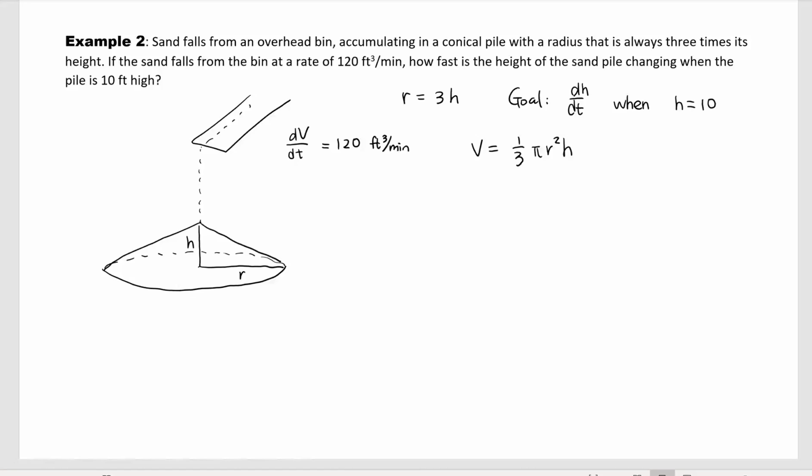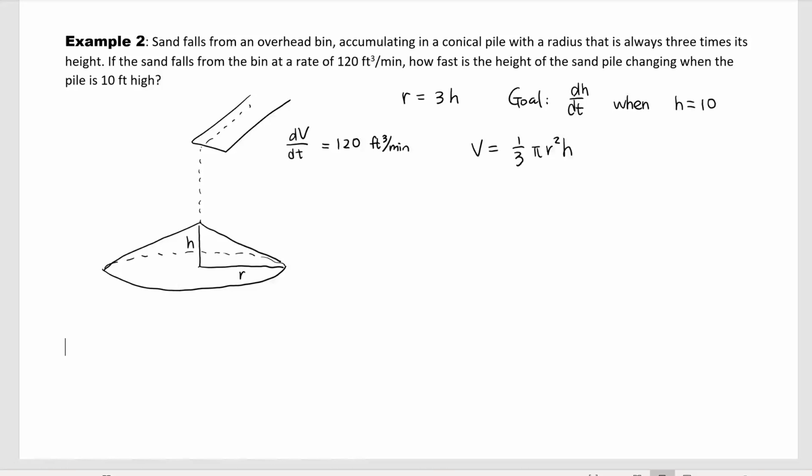That's why I reviewed the area and volume formulas of 2-dimensional and 3-dimensional geometry with you.